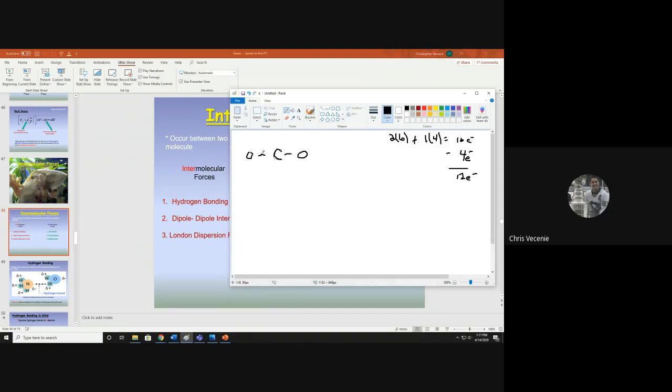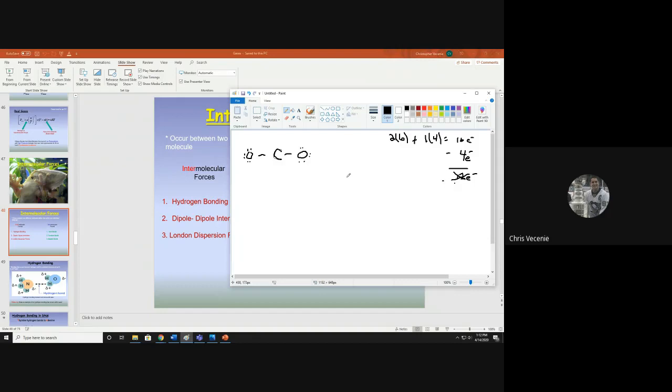So this oxygen has 2, this oxygen has 2, and the carbon has 4 right now. This oxygen needs 6 electrons. We have 12 in the bank, so we go 1, 2, 3, 4, 5, 6. He's good. Still have 6 more in the bank. This oxygen needs them. 7, 8, 9, 10, 11, 12. He's good. So my bank is empty.